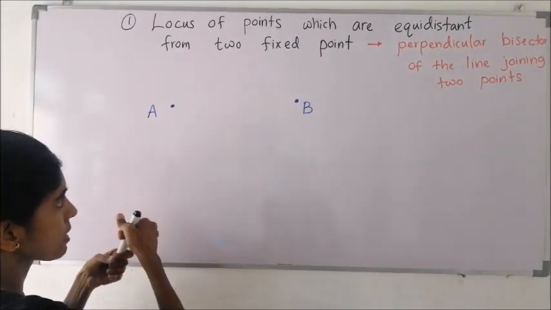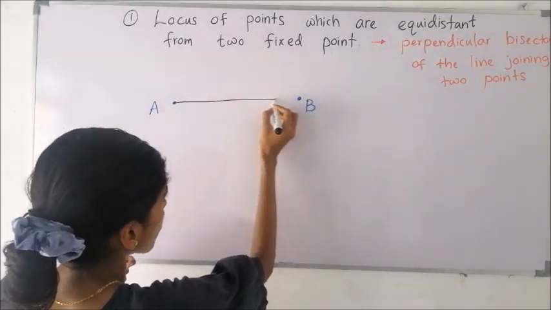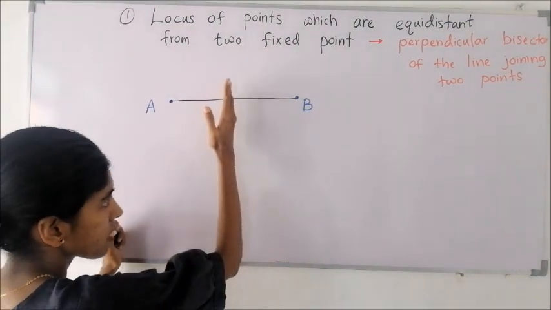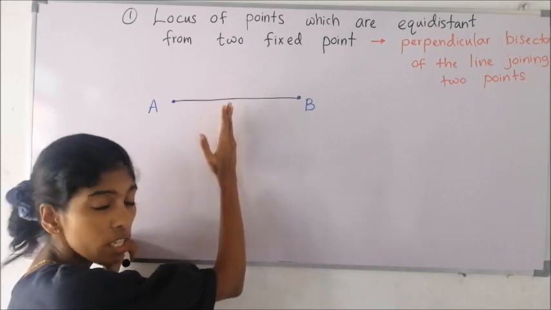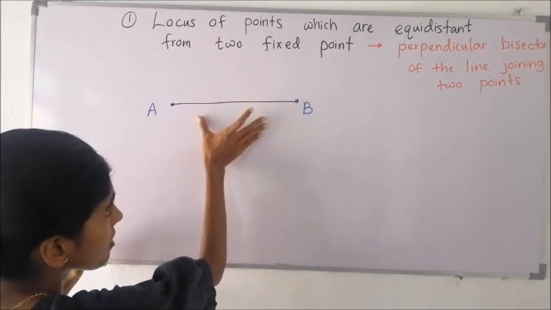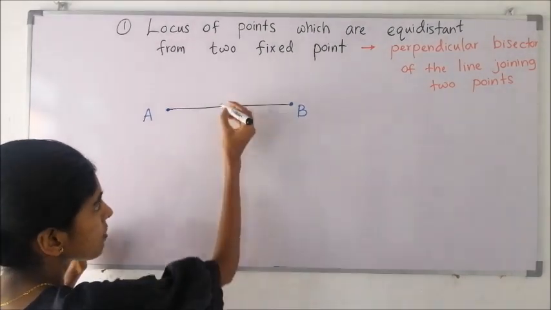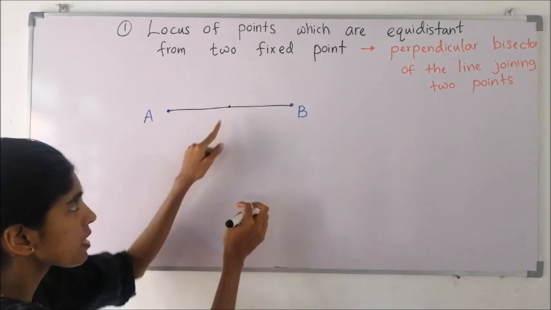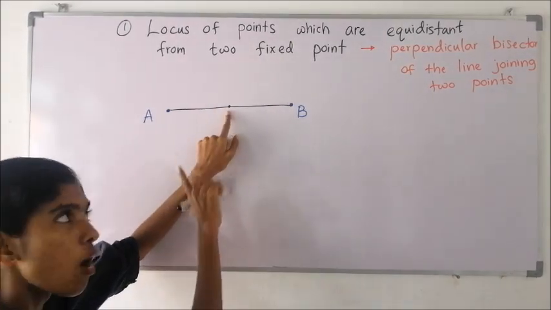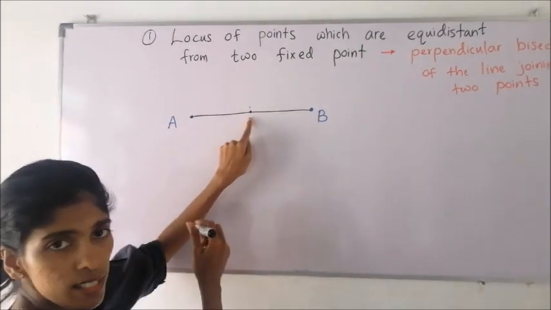First of all, we must join these two points with the help of a ruler. After getting this, we can separate this straight line into two equal portions. At that point, this point is located equidistant to A and B. Consider another point like this.